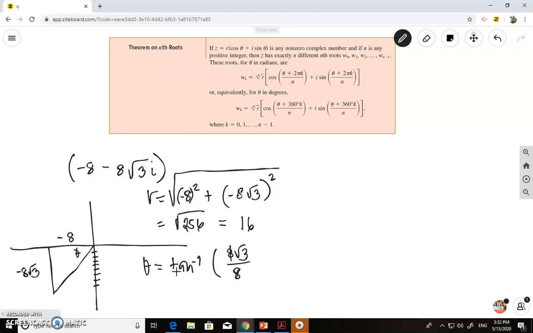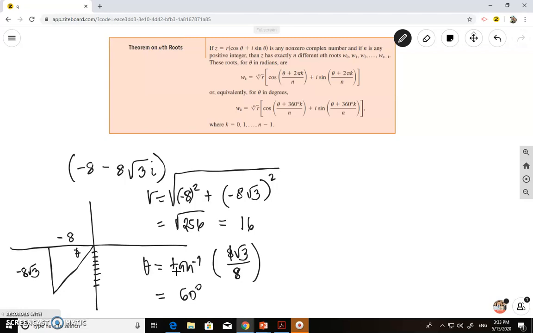Tangent inverse of square root of 3 is equal to π/3, or 60 degrees.